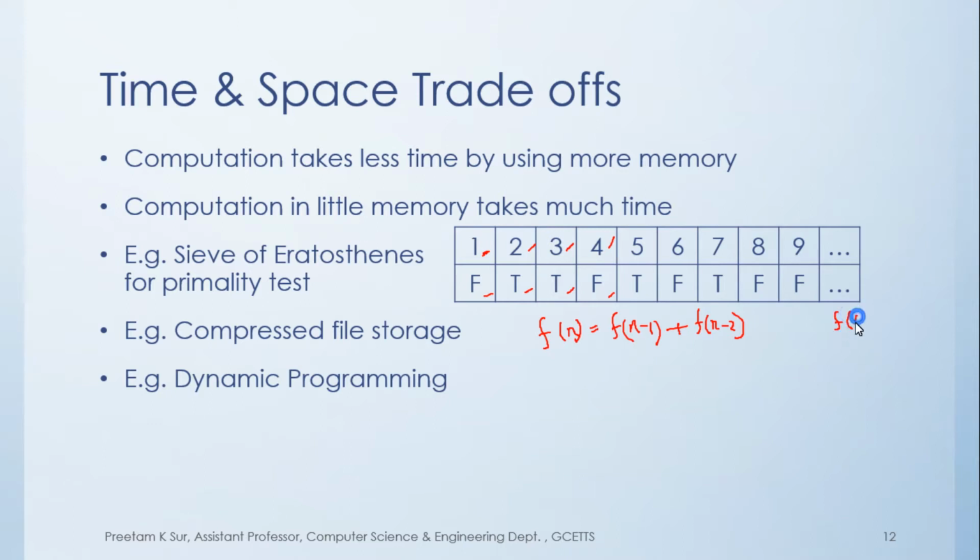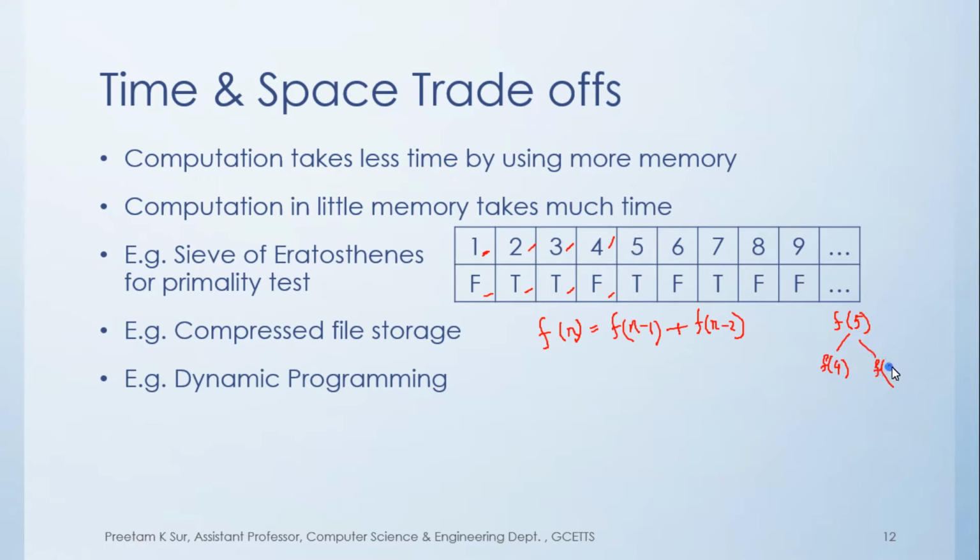So if we try to find out what is Fibonacci of 5, and we do the recursive implementation, what will happen? It will recursively call f of 4 and f of 3, right? These two recursive calls will be made from this f of 5.